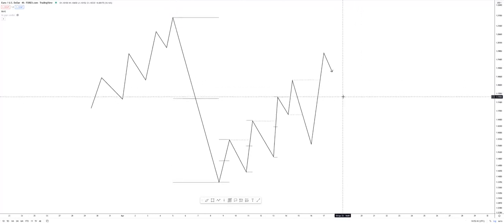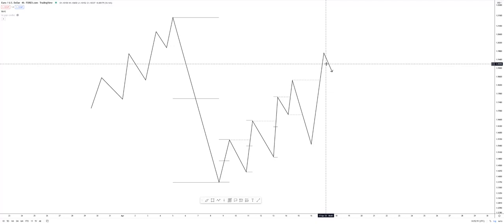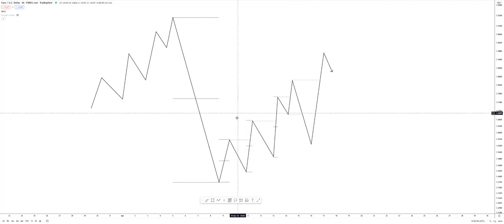So yeah, that's internal structure in a nutshell. It's the kind of thing that you want to use sparingly. I'm not the biggest fan of internal structure, as there's no real set in stone rule as to where to start and end with it.